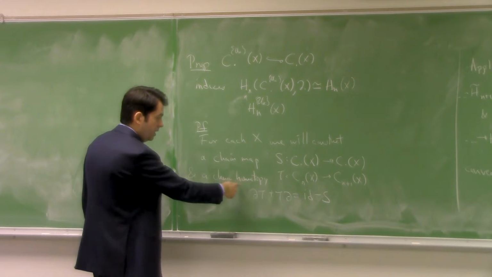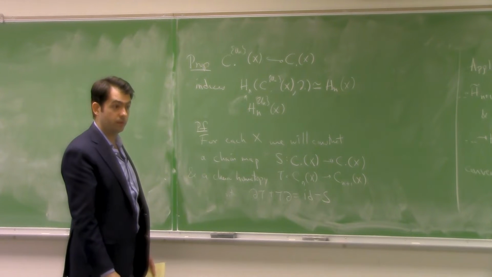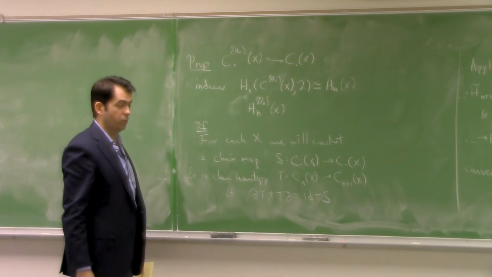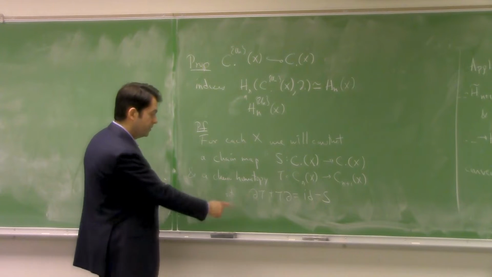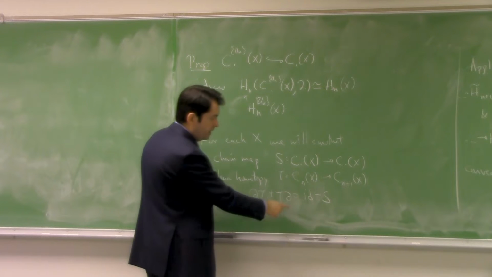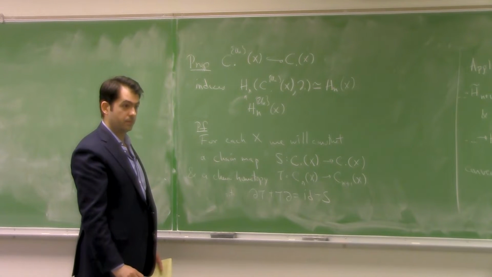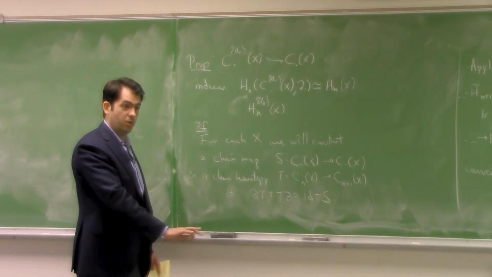What makes it a chain homotopy is that when you pre- and post-compose with the boundary, you end up with something that is automatically trivial on homology. So the existence of such a T says that S and the identity induce the same map on homology. Which is good: when we subdivide a simplex, we don't want that changing the homology class.